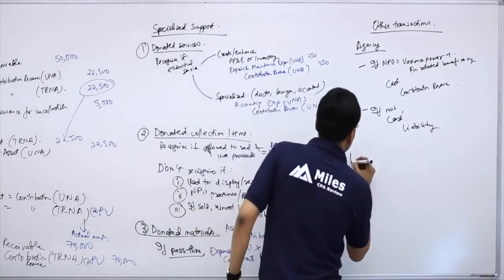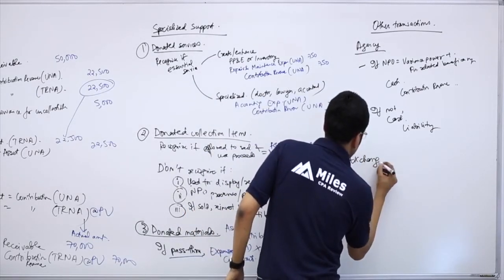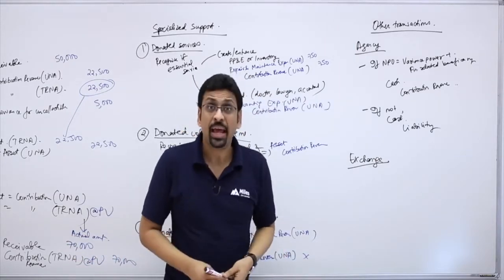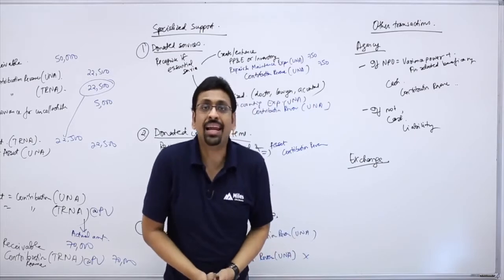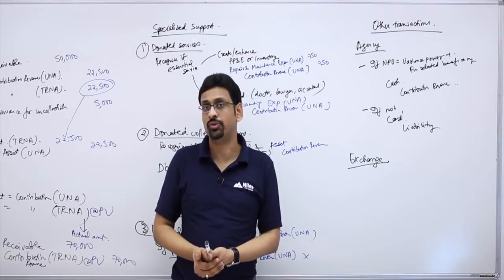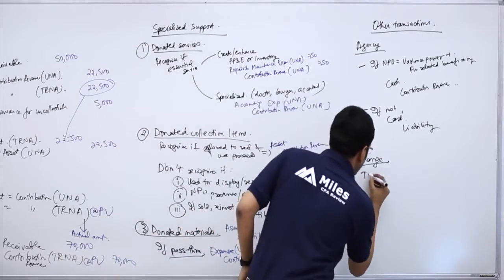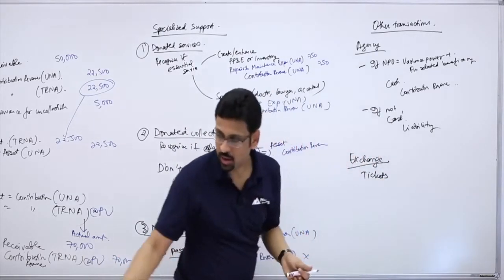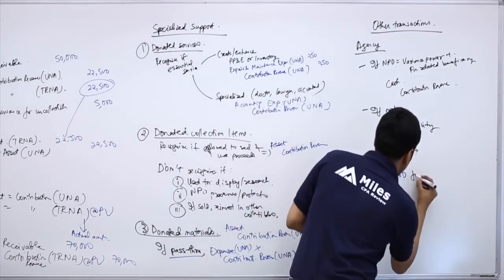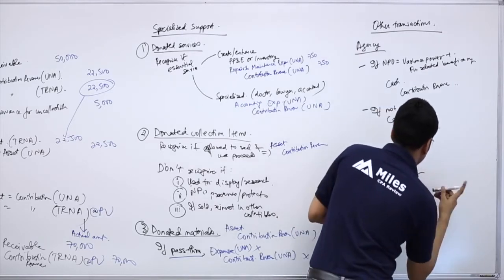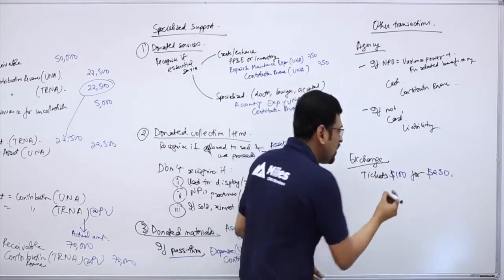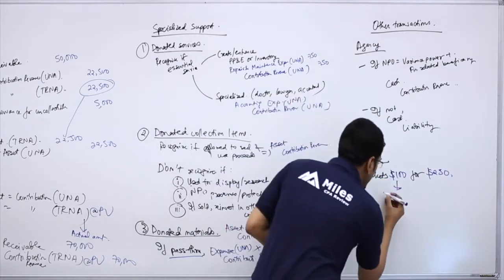Let's look at exchange transactions. Exchange means buying and selling of goods and services. So let's say the NPO is selling musical show tickets worth $100 for $250. In that case, this $100 is exchange revenue.